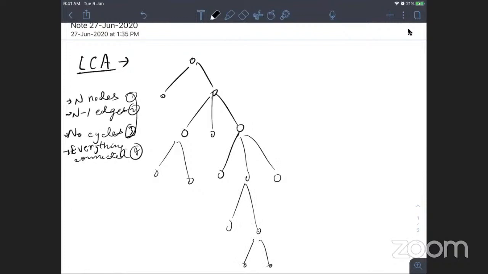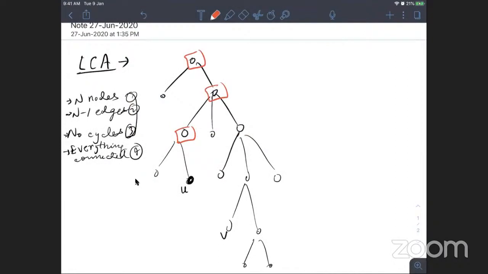I'll not motivate it right now, but let's say the question asks you to find the lowest common ancestor of 2 nodes. Let's say this is the node U and this is the node V. That means we are trying to find the bottommost node who is an ancestor of both of them. By ancestor, I mean, for example, U's ancestors are this node, this node, and this node.